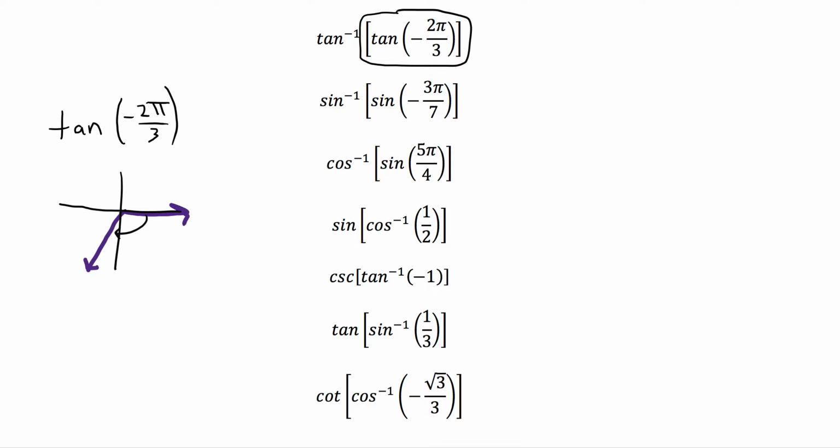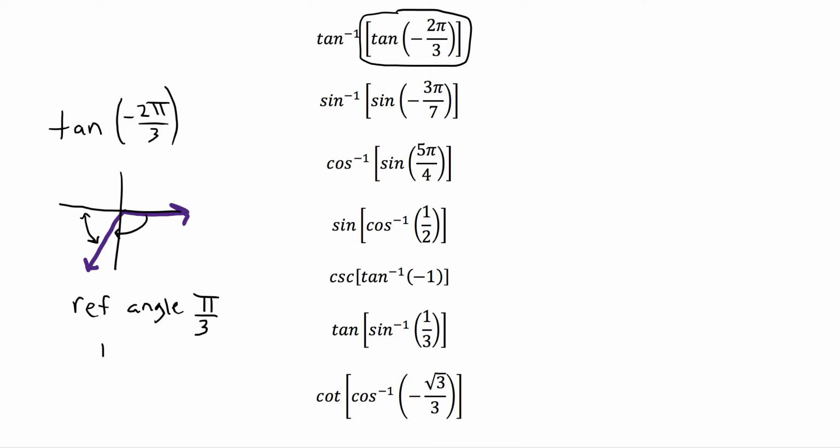Okay, so now I need a reference angle. So my reference angle is going to sit here. And so that reference angle is going to be 60 degrees, or pi over 3. And this is where it's important to draw it neatly, because I can see it now by looking at my graph that I have a 60-degree spot in there for the reference angle.